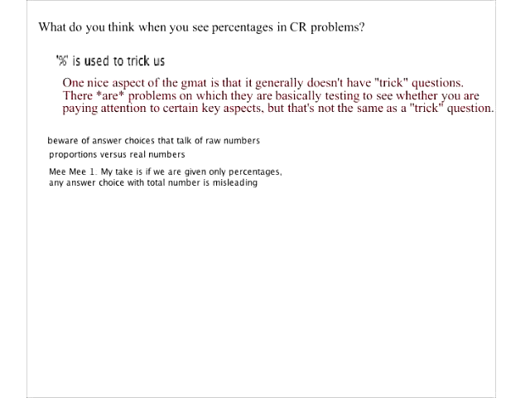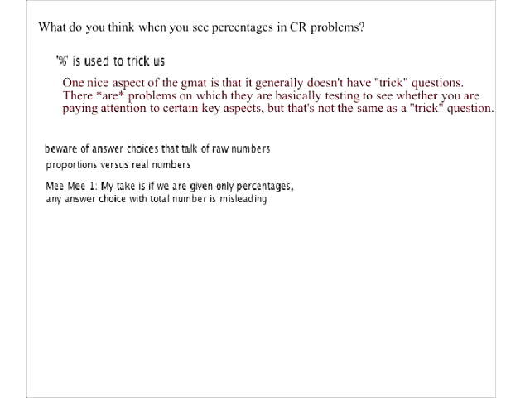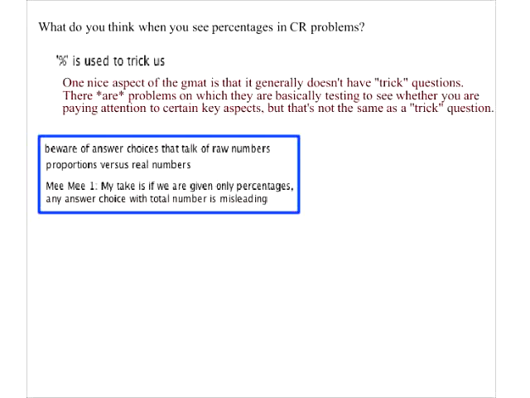The other commenters are not necessarily wrong, but these three comments reflect what I'm trying to get at, which is watch out for the fact that percentages are not real numbers. This is the deal here. Percentages are not numbers.